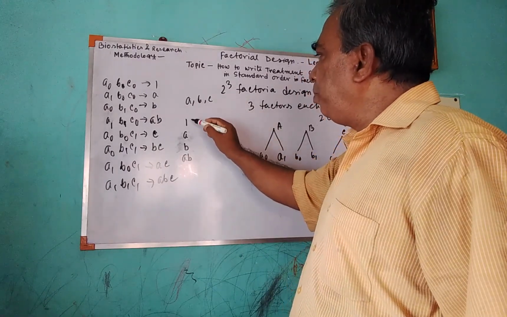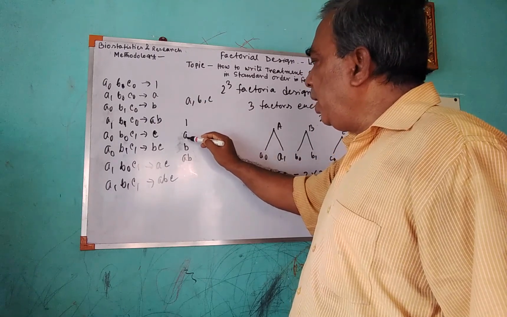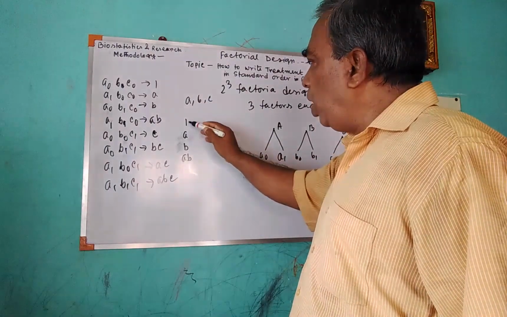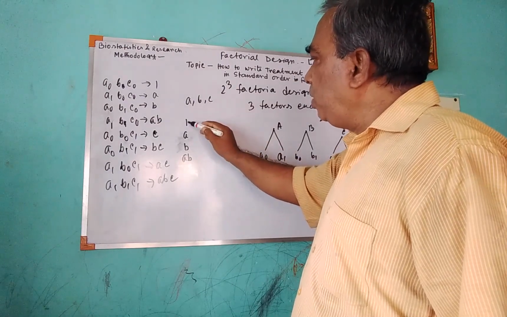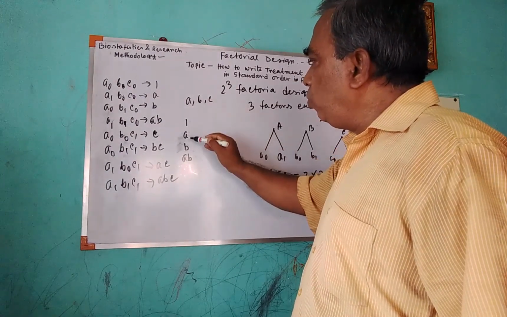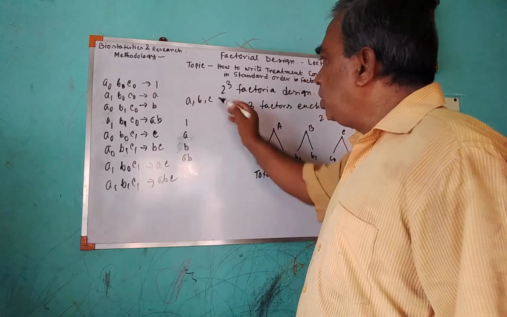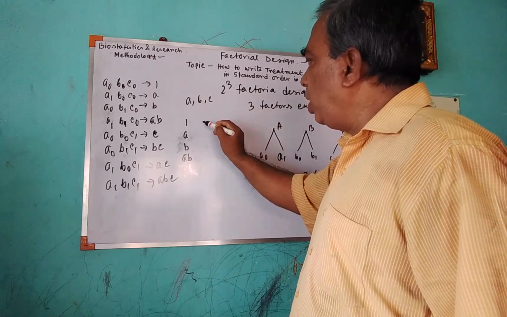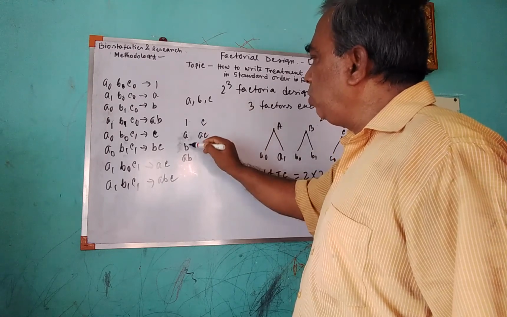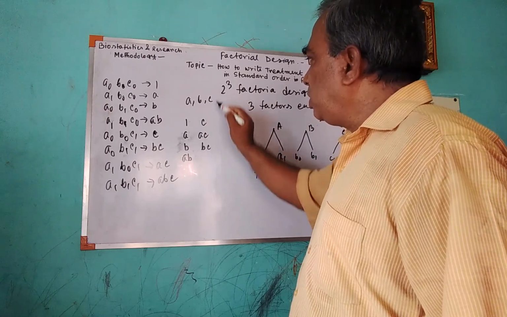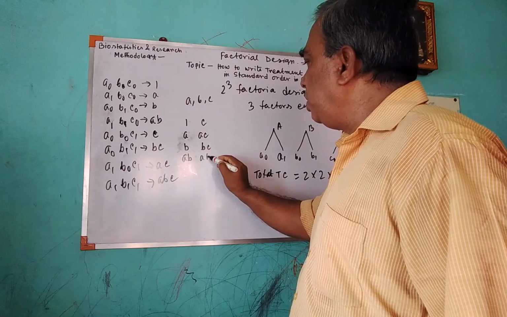So 1, then A, then B into 1, that is B, B into A, that is AB. Now C factor will come. C into 1, that is C, then AC, then C into B, that is BC, then C into AB, that is ABC.